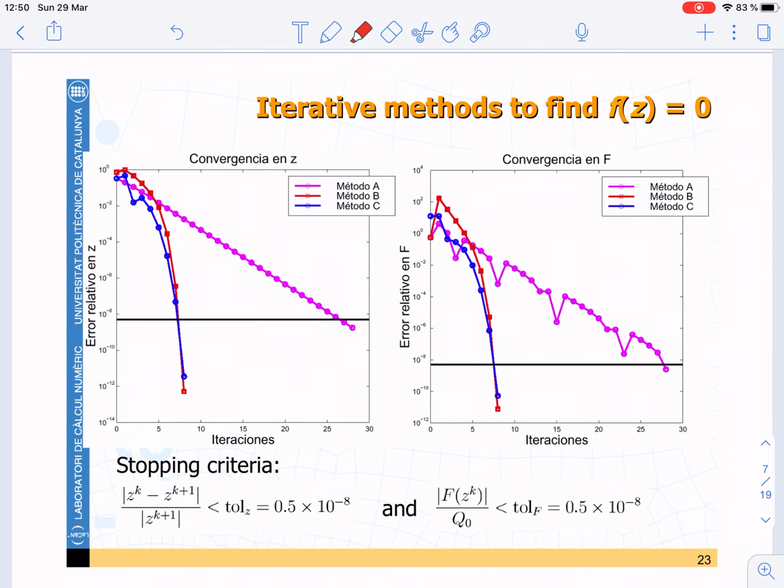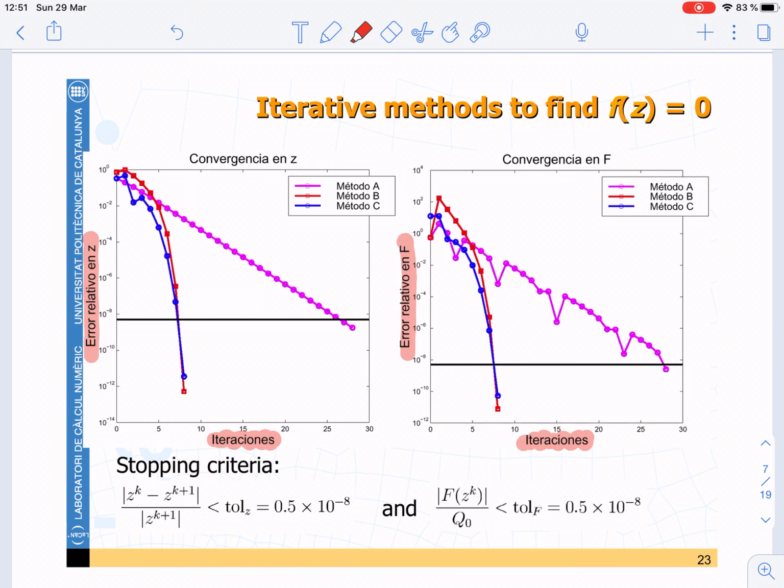We saw here an example for a given function f of z, and what we're seeing in these two graphs are convergence plots. On the x-axis we have the number of iterations. On the vertical axis we have the relative error in the solution for the left plot and the relative error for f in the right plot.